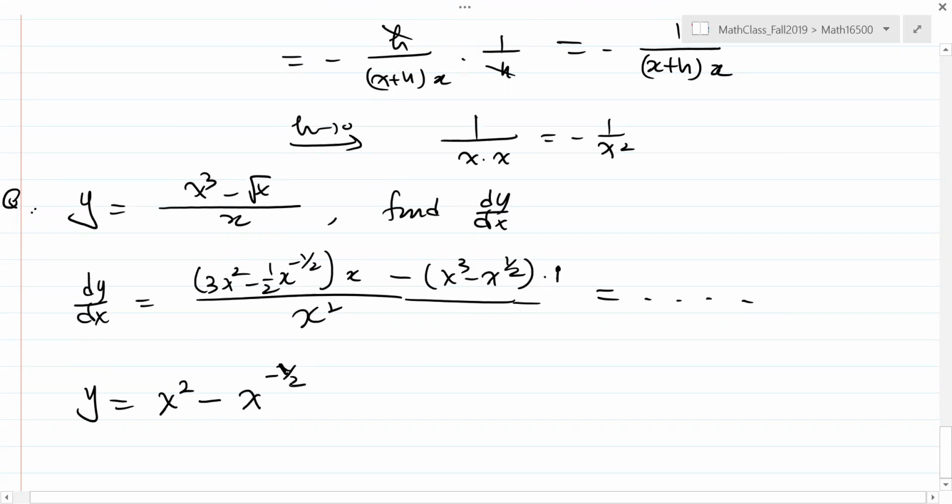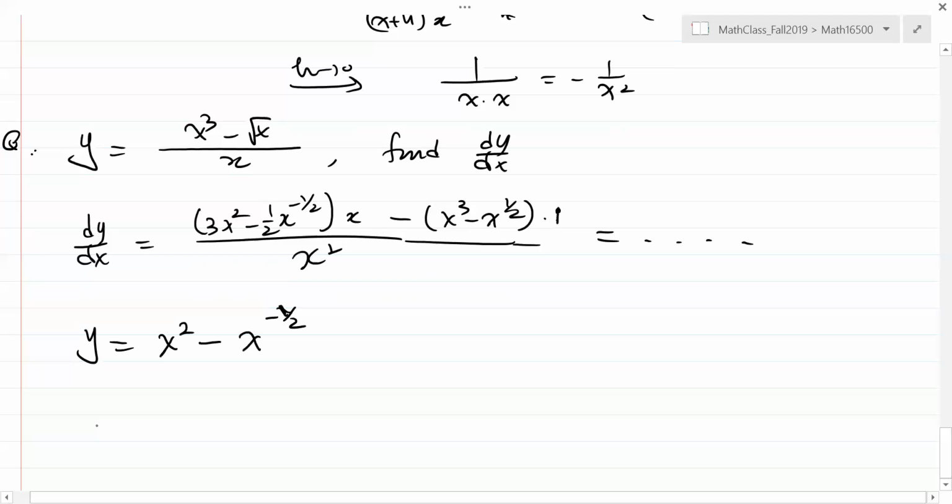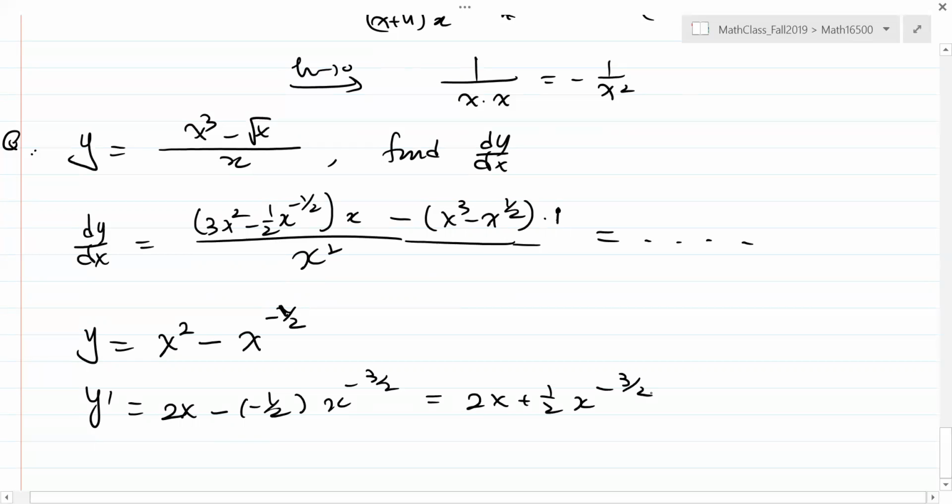If we express it in this form, the derivative is so simple. It's 2x minus negative 1/2 times x to the negative 1/2 minus 1, negative 3 over 2. Done. Just a few seconds to get the right answer. Simple, right? So look at the quiz you did.